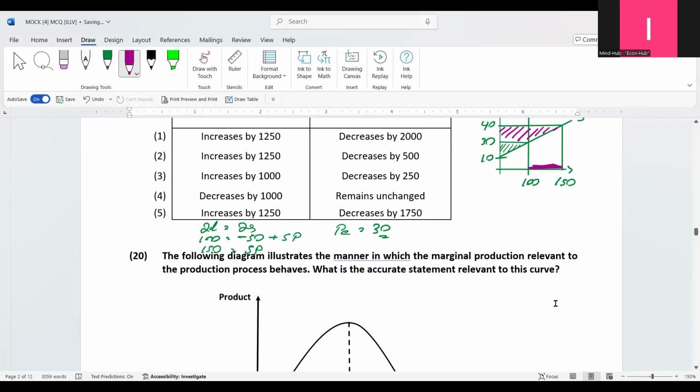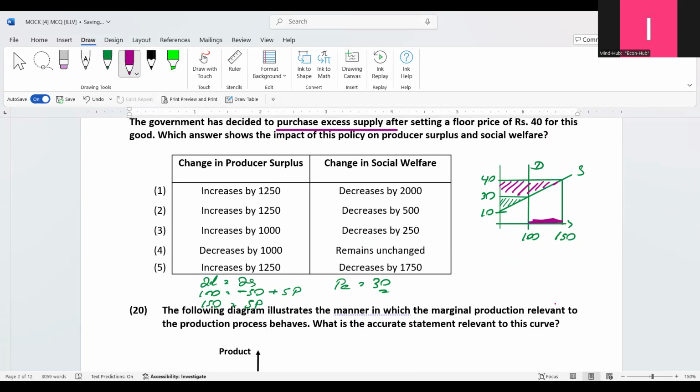So what is the value of that area if we can quickly estimate? It would be 150 plus 100, divided by 2, this whole thing multiplied by 40 minus 30, that is 10.